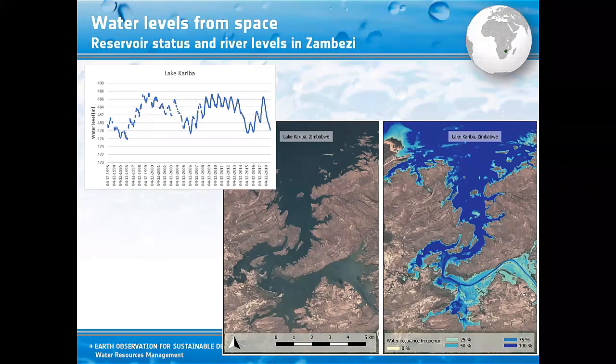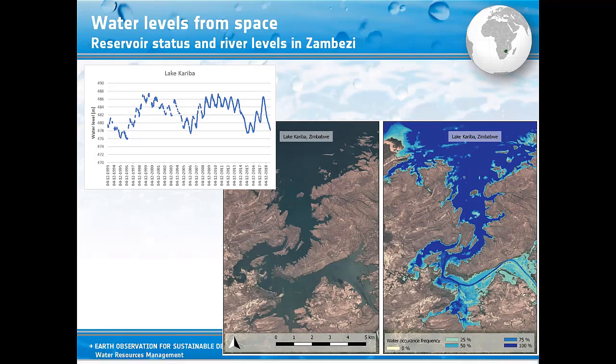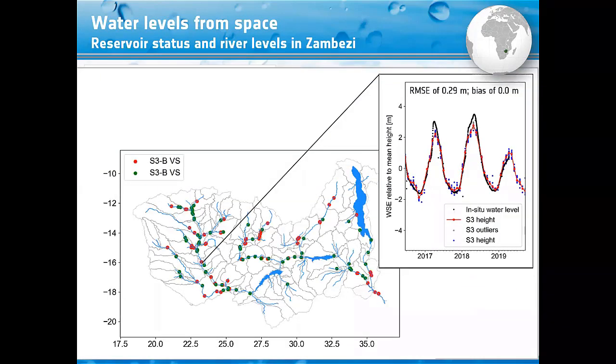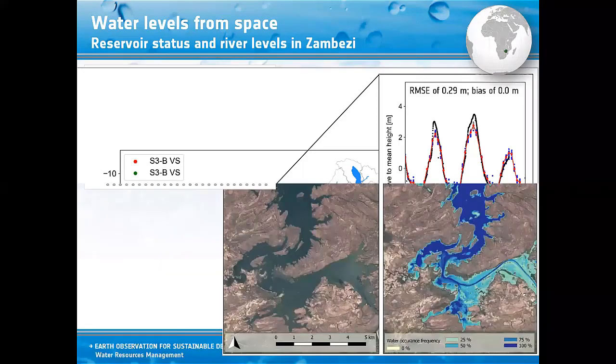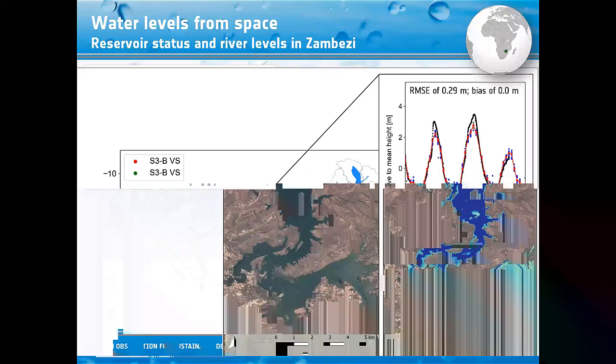And where you can see altimetry observations have been recorded over a long time period, showing the annual and long-term trend variations in water levels. Now, the interesting thing with the new generation of satellites is the availability of many more suitable targets for water level observations, as shown in this map.